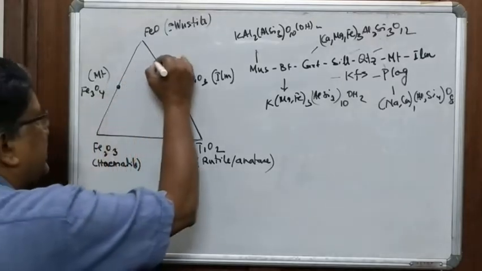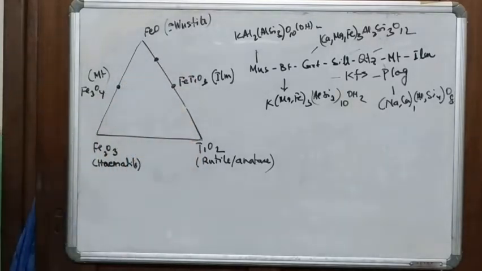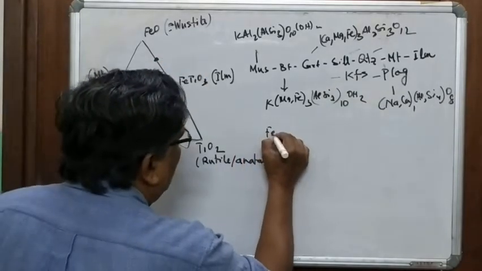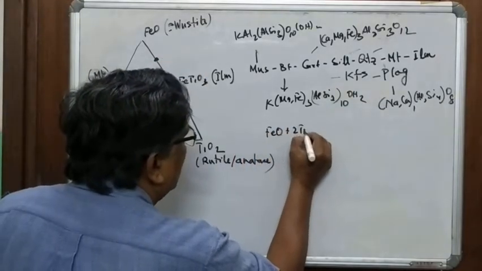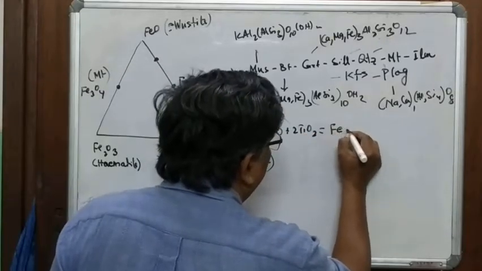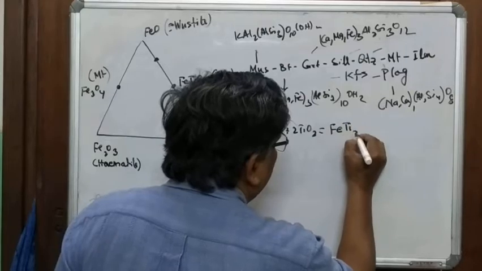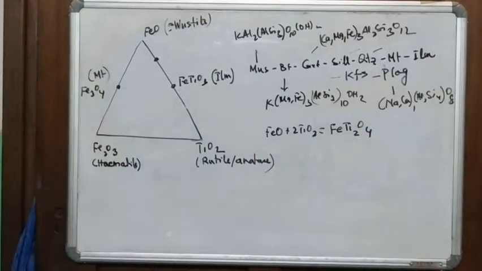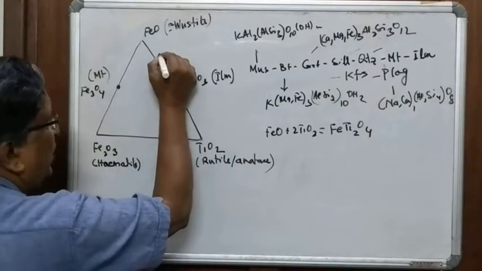And here you get another phase, which is FeO plus 2 TiO2, and therefore we have FeTi2O4. And this mineral is called Fe.